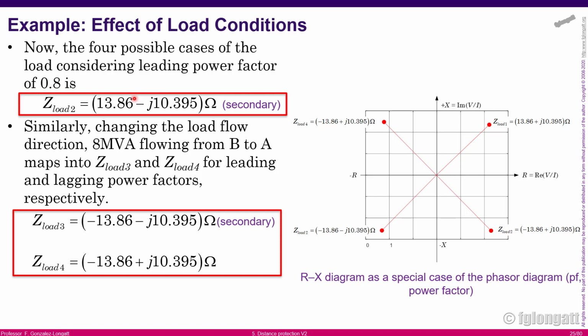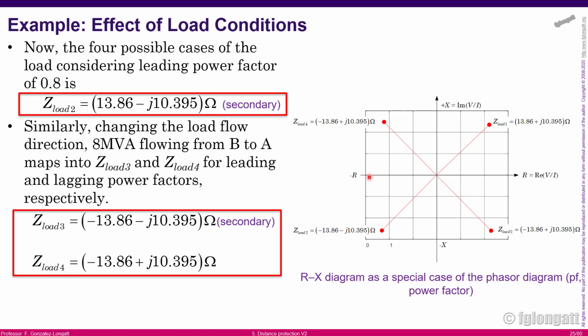And now we have here load number 2 representing a leading power factor, and this is 13.86, that is the resistive part. And the reactive part now is a capacitive reactance, and it's 10.395. It's the same value, but the polarity changes.